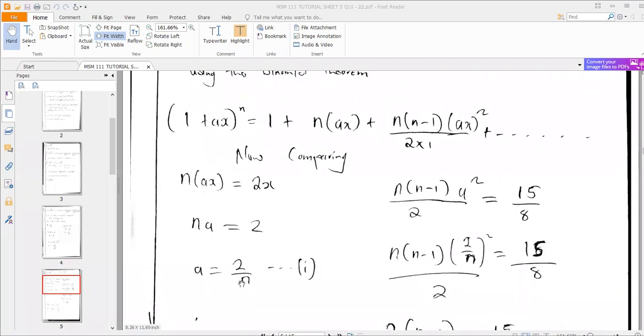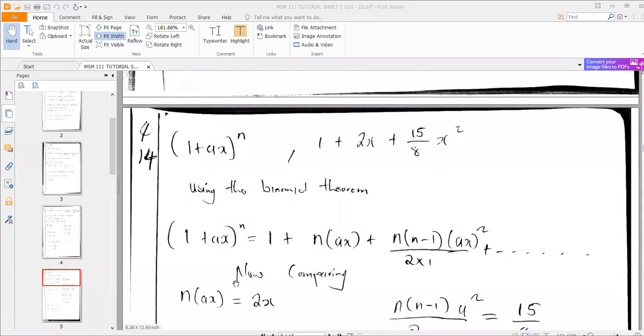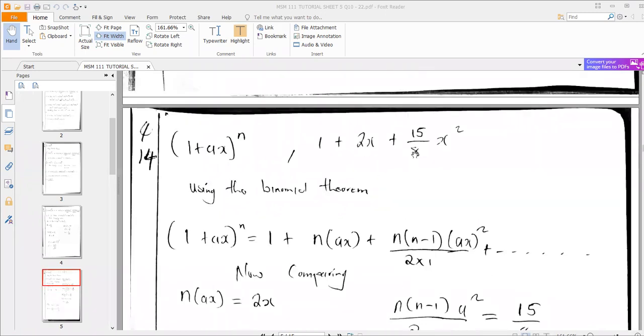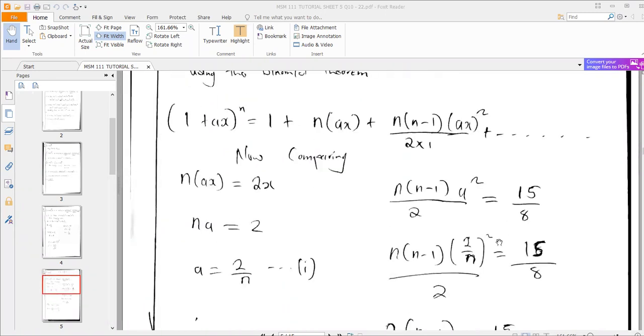Now when we do that, we go to the next part and compare here. We now have 15 over 8 x squared, right? And then here we have a x squared, isn't it? So when we compare the x squared coefficient, you discover that we have n(n minus 1)a squared over 2 is equal to 15 over 8. We're comparing the coefficients here. So you just play around with this, where for a we're substituting 2 over n.